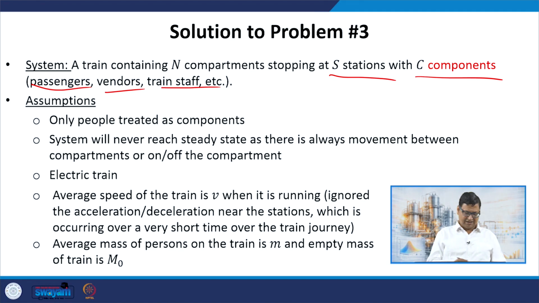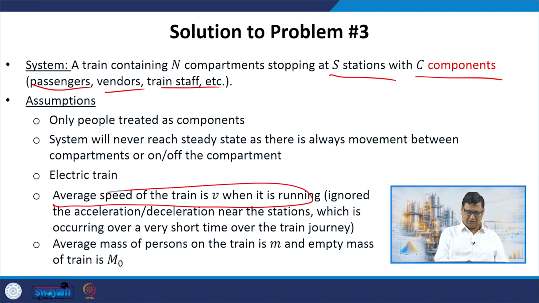And then I also assume, similar to the kind of assumption that we made in the traffic example, that the average speed of the train is v between the stations, right. Of course, the train has to stop at the station, so there is going to be deceleration near the station, and the train needs to accelerate after the station, and there will be some acceleration period.